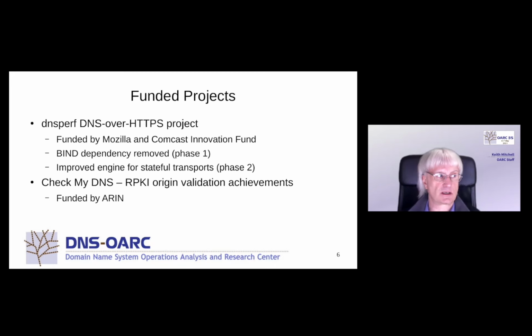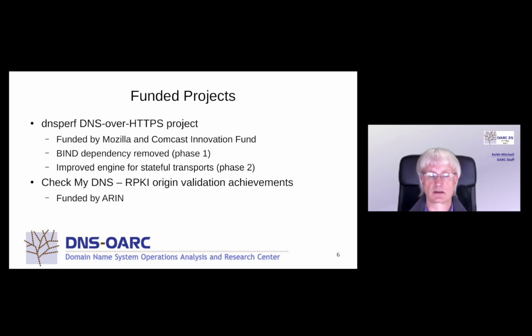Funded projects, two important ones here for 2021. There is the DNS-Perf DNS-over-TLS project, which has been funded by Mozilla and Comcast. The first phase of that was to remove dependencies from some internal libraries of BIND that were used by DNS-Perf originally.